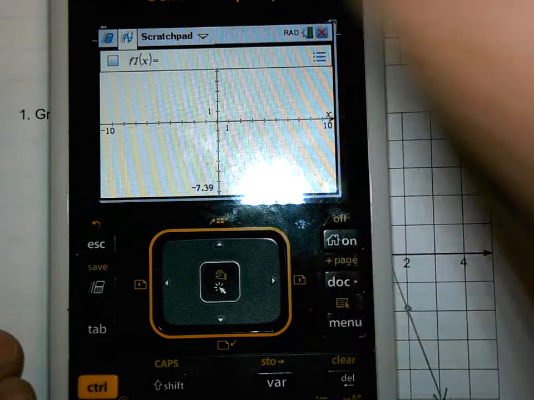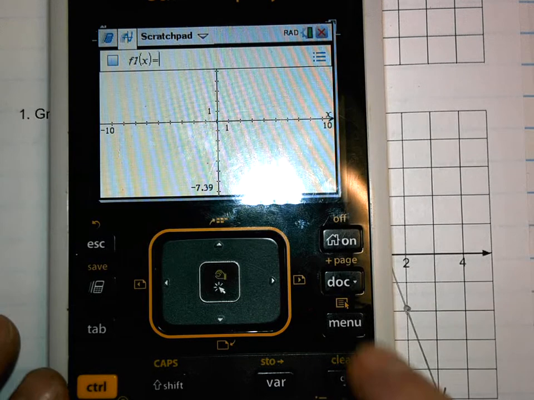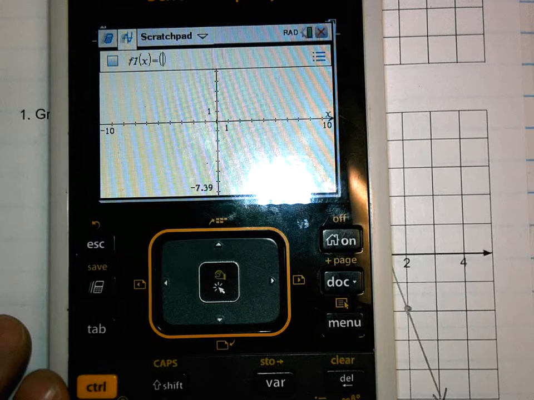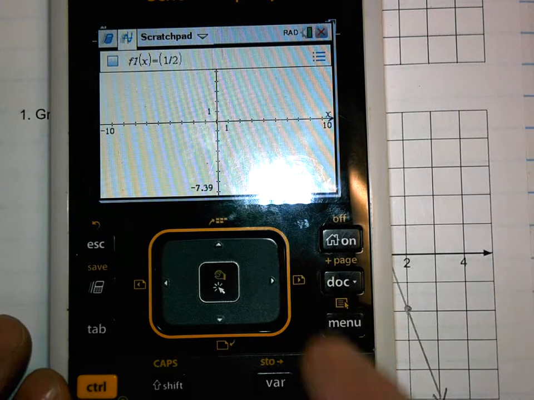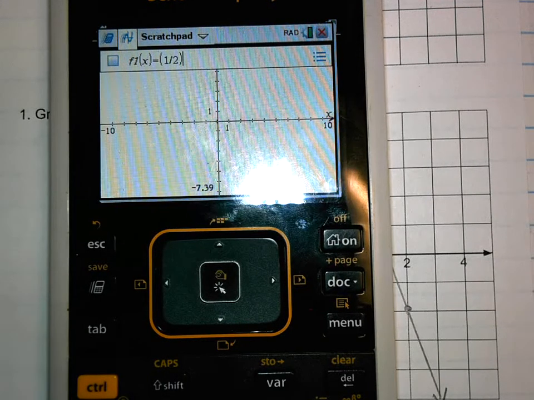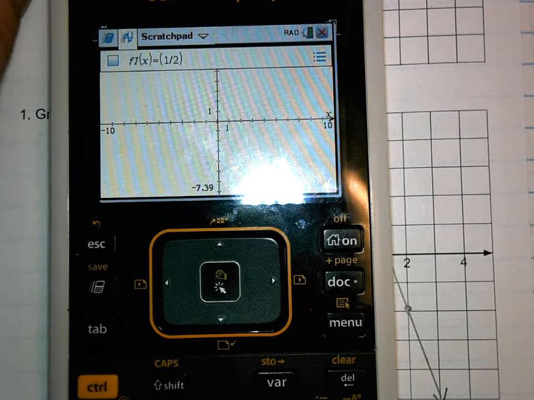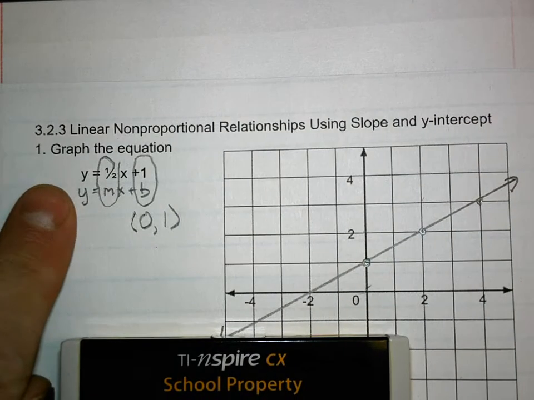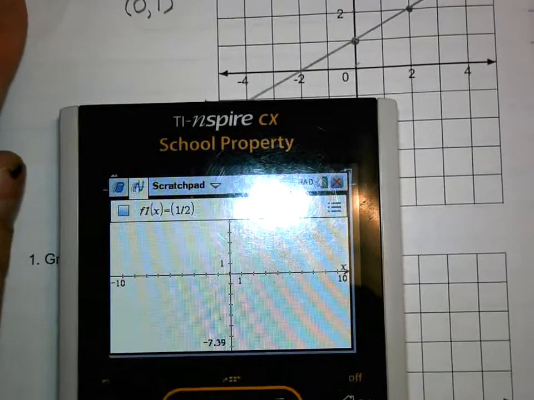Let's go to that first one where we had 1/2 x. So remember, 1/2 is a fraction. Put it in parentheses, 1 divided by 2. We're putting the very first equation we had, which was graph the equation y equals 1/2 x plus 1.